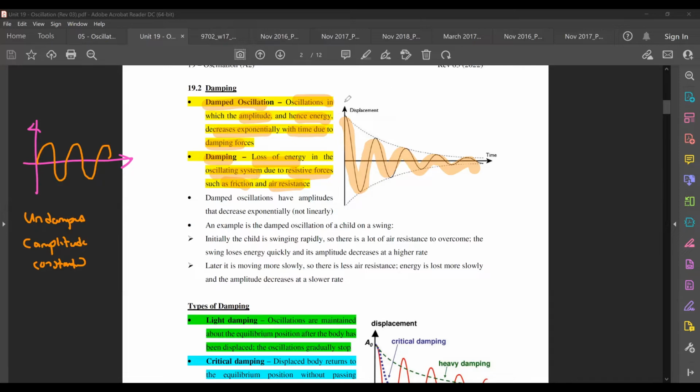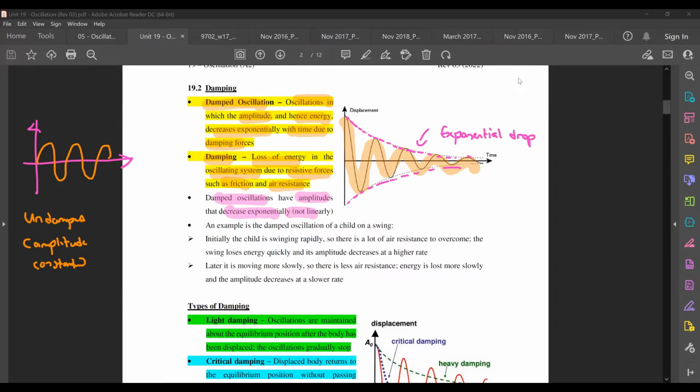Now, damped oscillations normally have amplitudes that decrease exponentially with time, not linearly. If I try to trace the lines connecting all the amplitudes, it isn't a straight line, it's a curved line. This is what we mean by exponential drop.